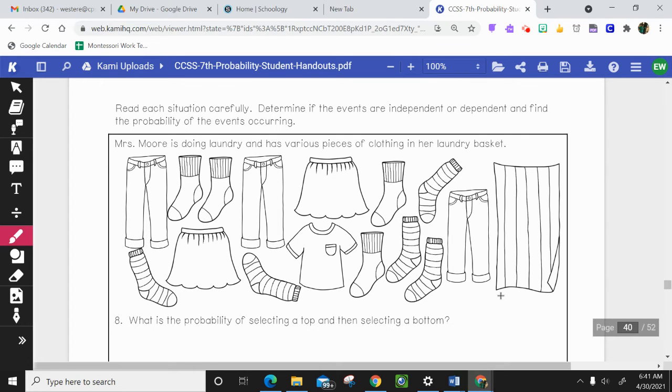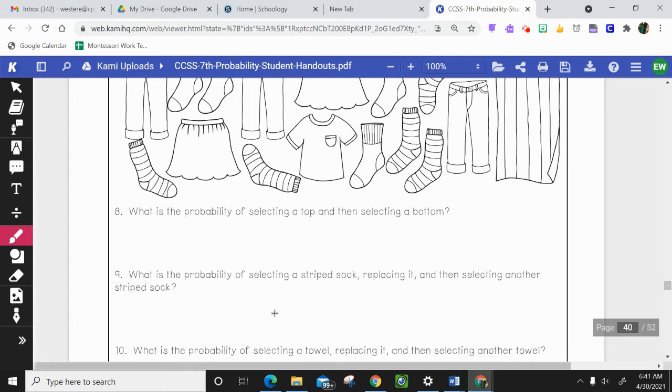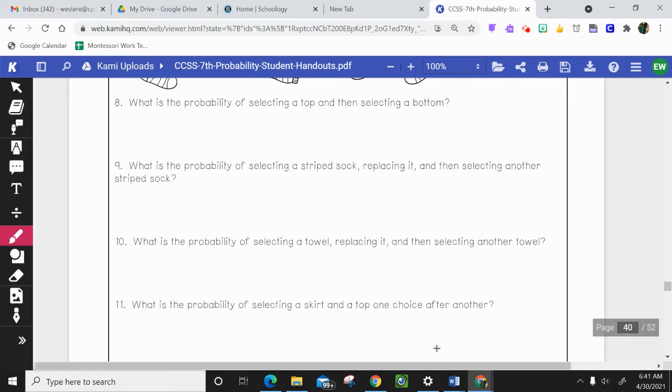So let's go ahead and look at what we're dealing with. What's the probability of selecting a top and then selecting a bottom? What's the probability of selecting a striped sock, replacing it, and then selecting another striped sock? What's the probability of selecting a towel, replacing it, and then selecting another towel? And what's the probability of selecting a skirt and a top, one choice after another?